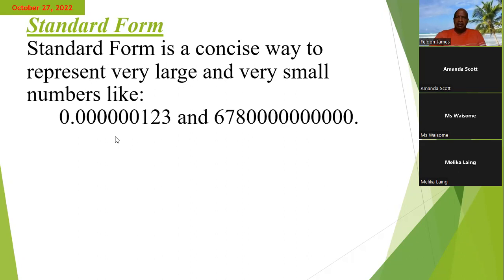For example, you have these numbers here with long strings of digits. It would be very inconvenient to write out these long strings every time, taking up time and space on the page.